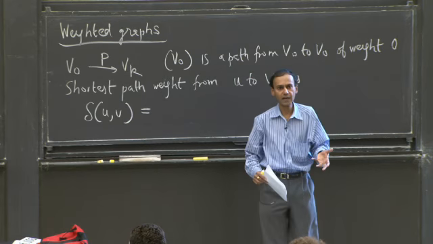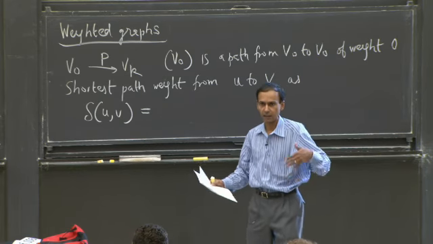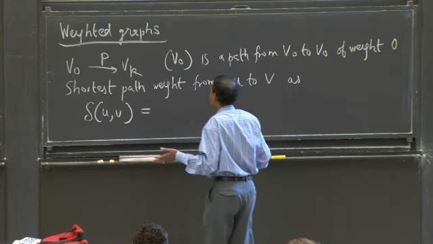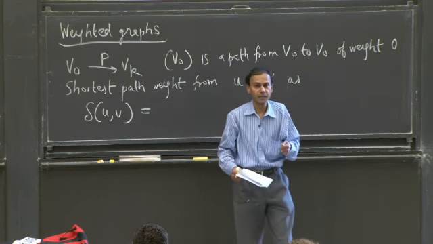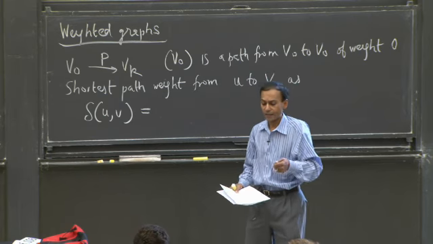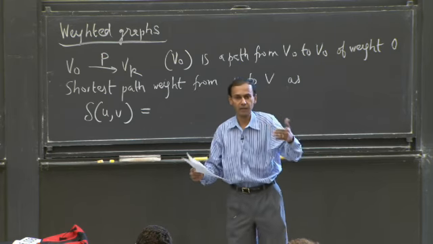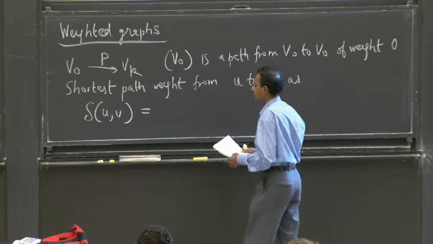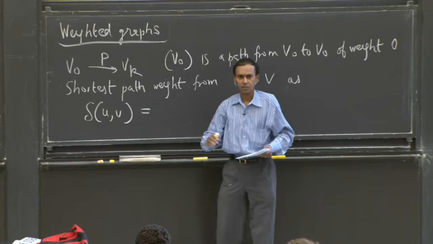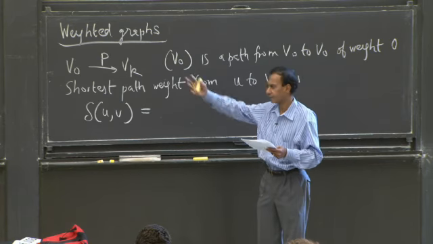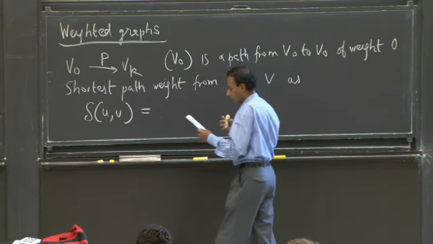And my goal is to find delta. It's also to find the path. It doesn't help you very much if you know that there's a way of getting from here to Lexington within 14 miles if you don't know what that path is, right? So that's one aspect of it, which is you want to get the weight, but you want to get the path as well, and these algorithms will do that for you.